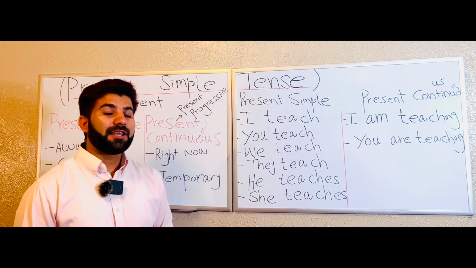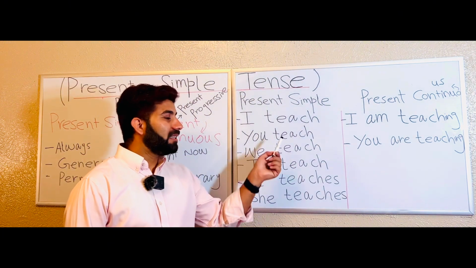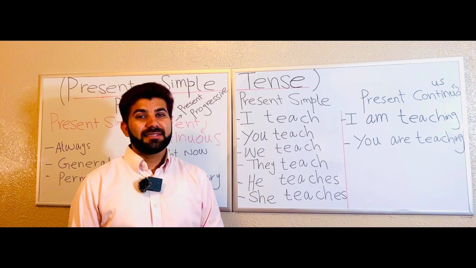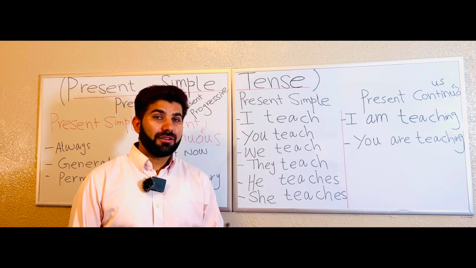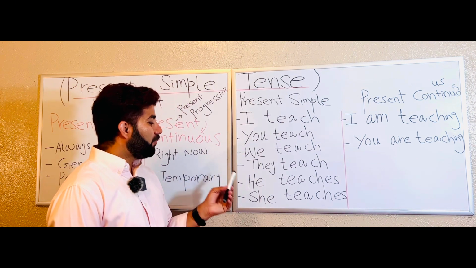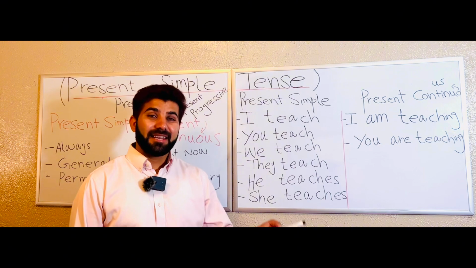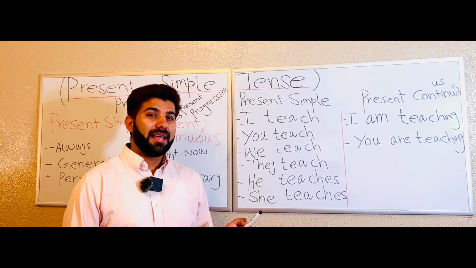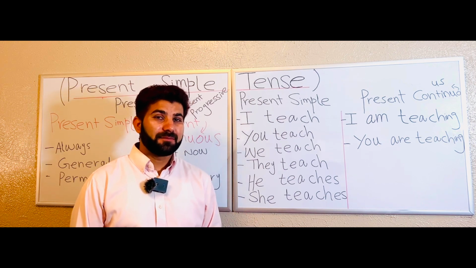So it means if I say I teach an English class, it means I teach always, right? If I say she teaches an English class, it means this is her job and she's teaching always.